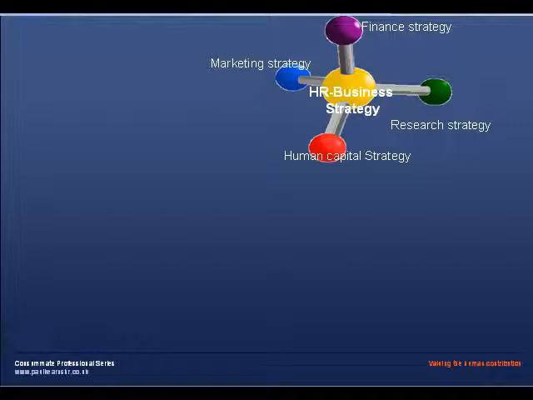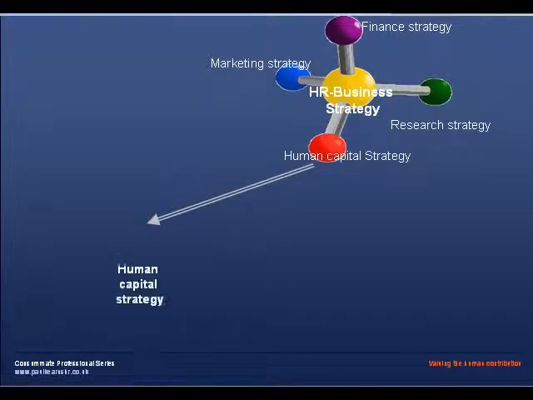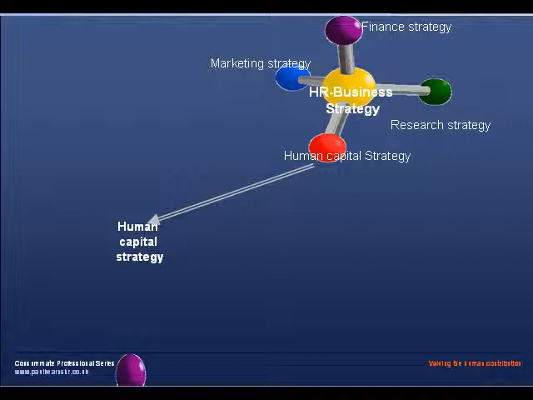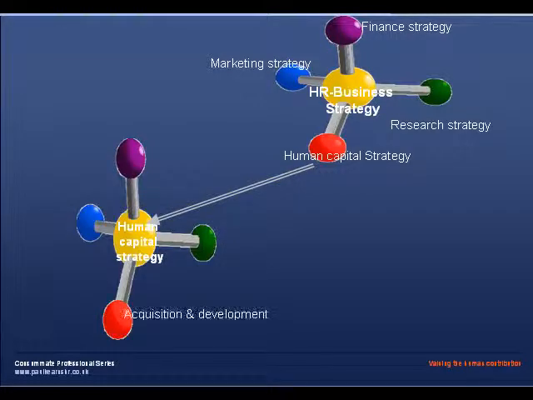Now, if we go a bit deeper into this atom and look at another satellite within the whole system, we need this human capital strategy to be built up of other elements such as acquisition of talent, development of talent, performance management to make sure people who work in the organisation perform well.